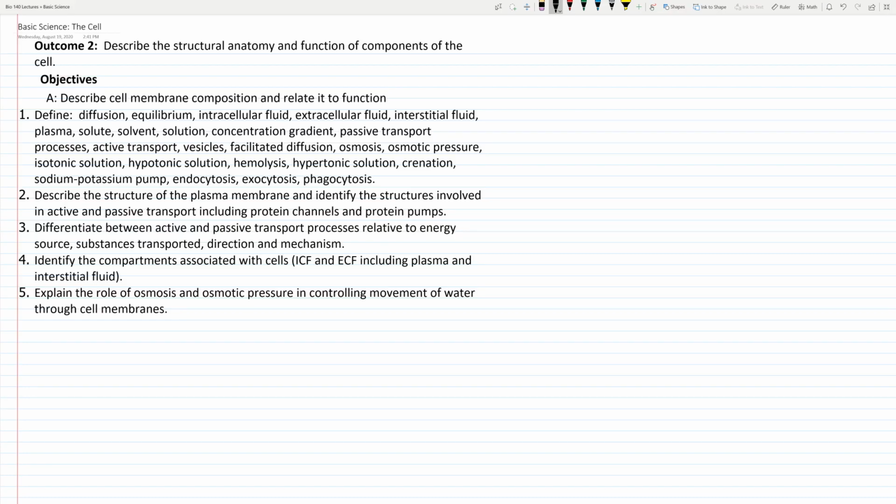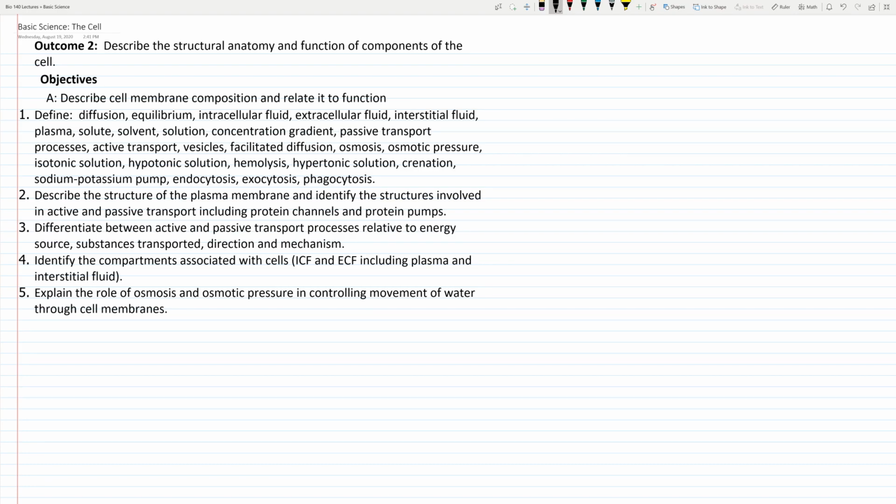Concentration gradients, transport, passive and active transport, vesicles, facilitated diffusion, which is a form of passive diffusion, osmosis, then the pressures, isotonics, hypertonics, hemolysis, crenation, sodium potassium pump, endocytosis, exocytosis, and phagocytosis. And if you followed through with that, you're a bigger champ than I am, because I think I zoned out halfway through it.